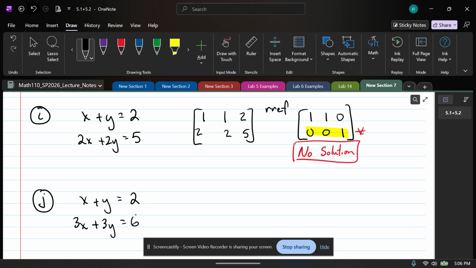Let's run it on this system. X plus y equals 2 again. But now my new equation on the bottom is 3x plus 3y equals 6. Put that into a matrix and run your RREF on that.